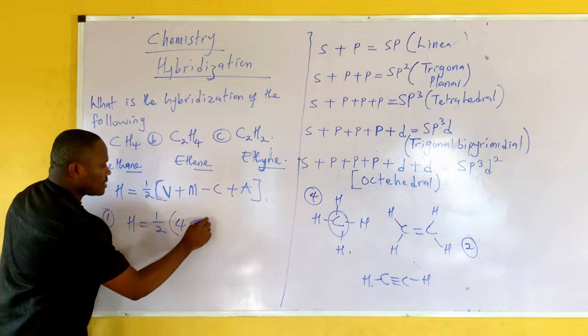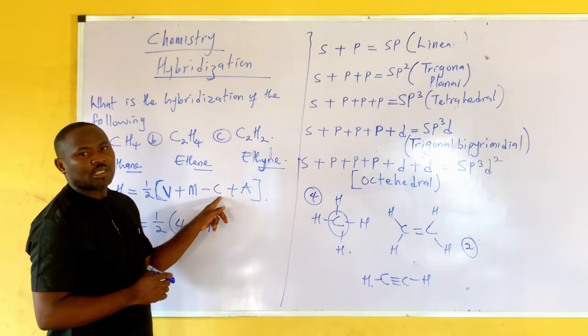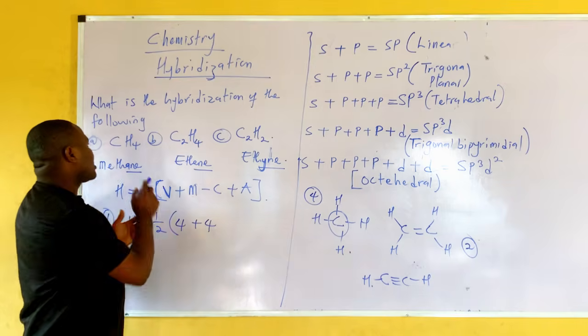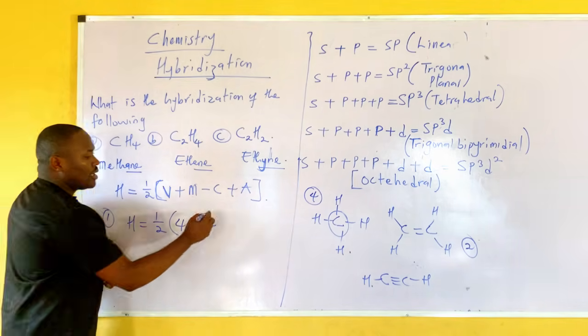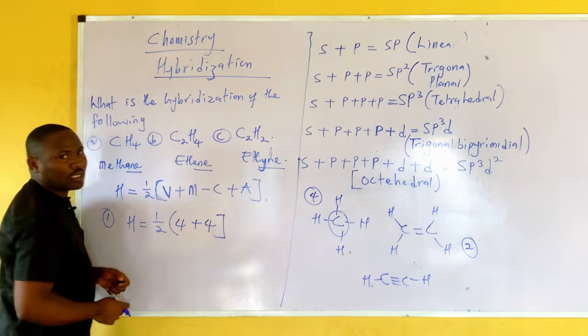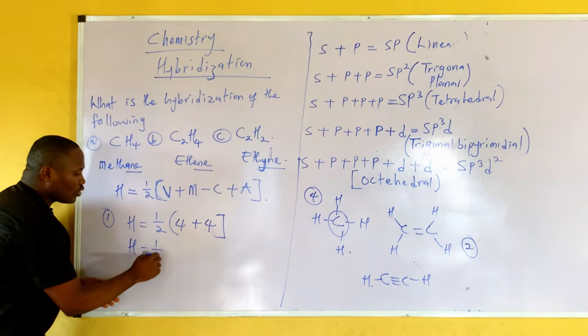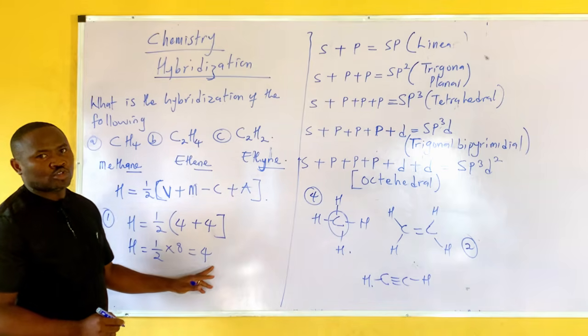So I'll come back and say plus 4. Now minus C. C is the number of cations plus anions. Now if you check this compound, there is no cation, there is no anion. So it's as good as nothing to add here. And I have H equal to 1 over 2 times 8, meaning hybridization equals 4.